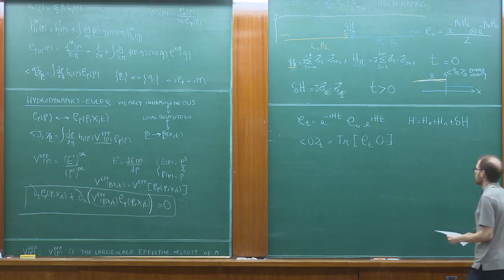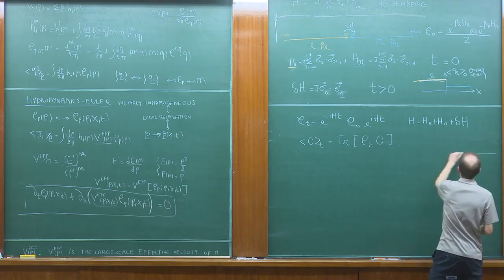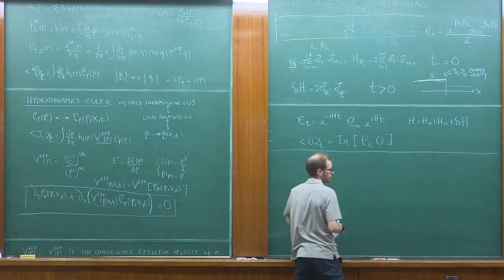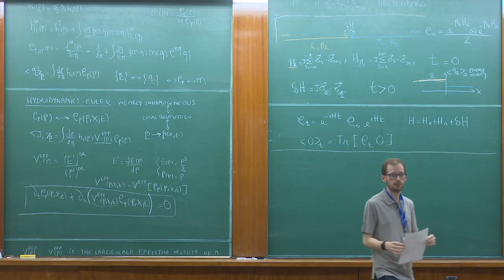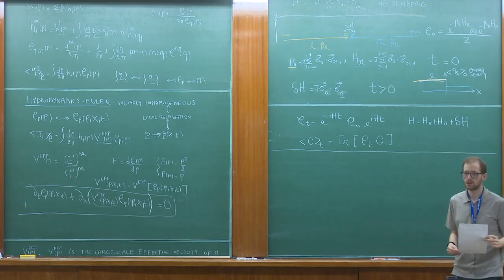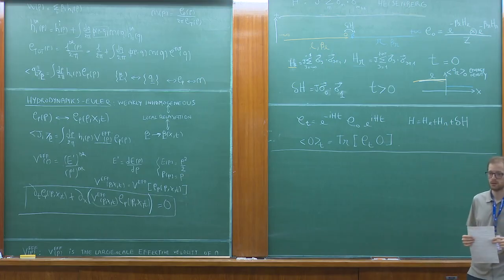Okay, so to build some intuition, what would you expect asymptotically here in time? What would you expect for the current asymptotically?